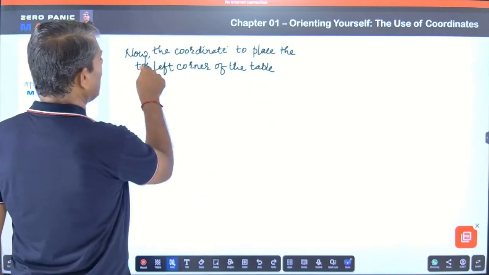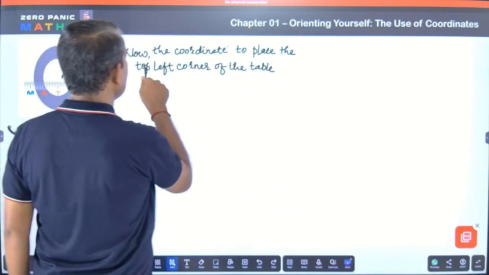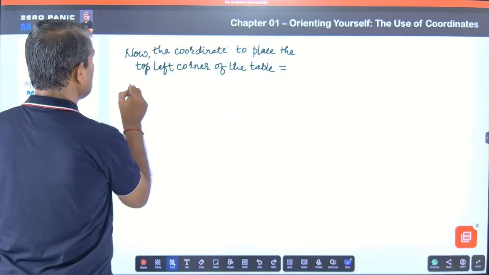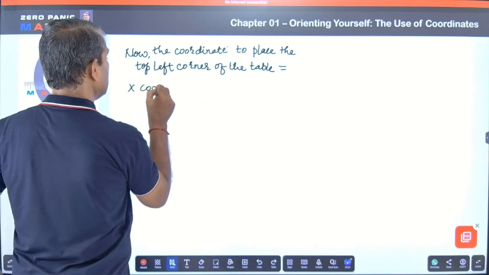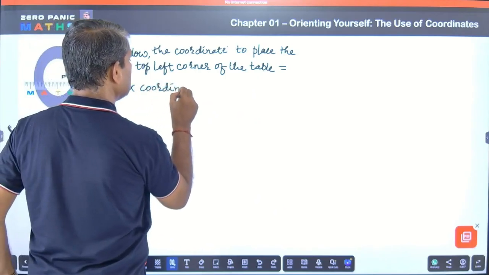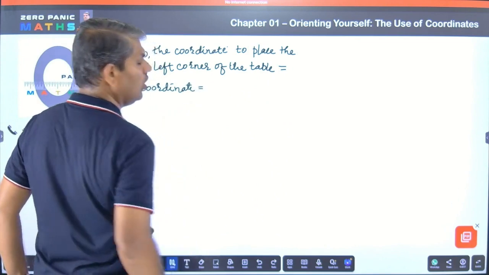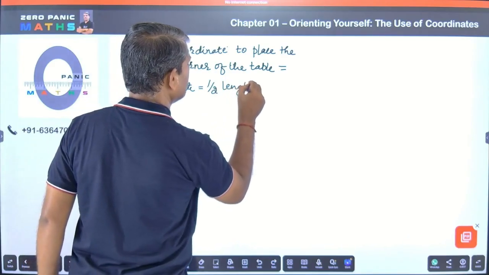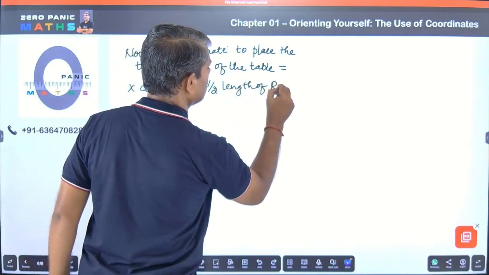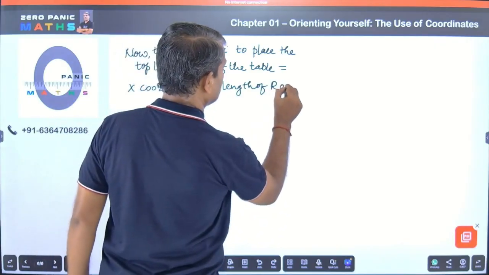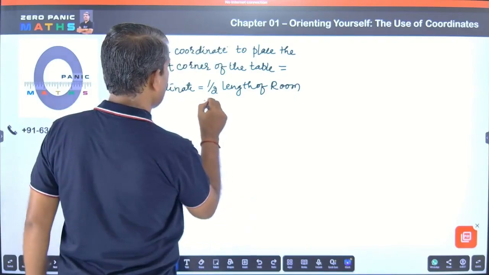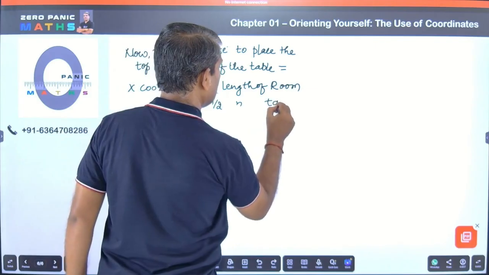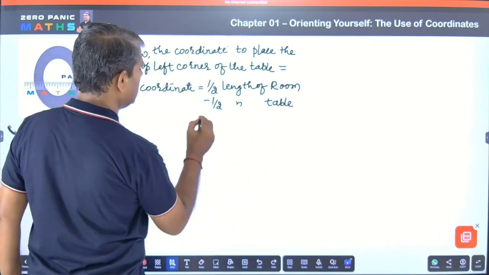So the coordinate to place the top left corner of the table: x coordinate is equal to half the length of the room minus half of the length of the table.